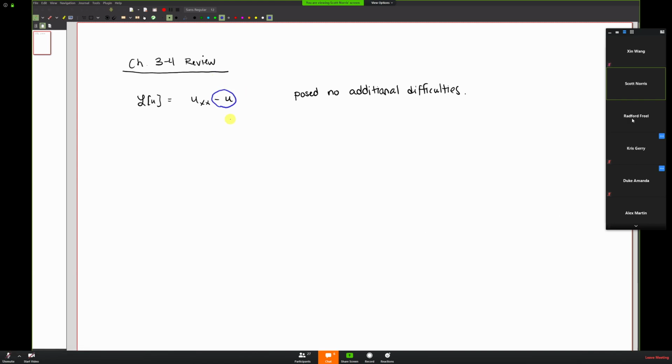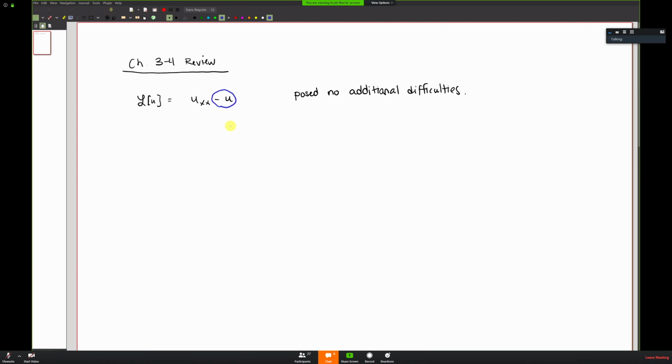Later on in the chapter, when we studied Sturm-Liouville theory, we were able to look back and say, oh, just like UXX, this operator also has a weight function of just 1, okay? So at the time, we didn't know about weight functions. And because this one just also happens to have a weight function of 1, or in other language, because it is already self-adjoint, it posed no problems, right?